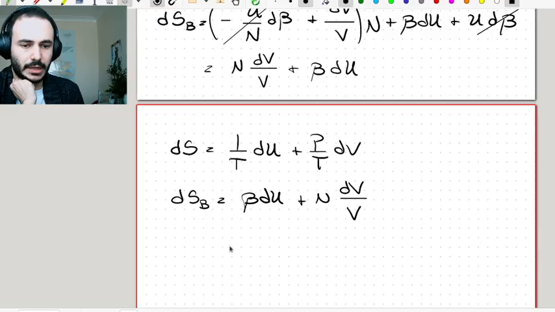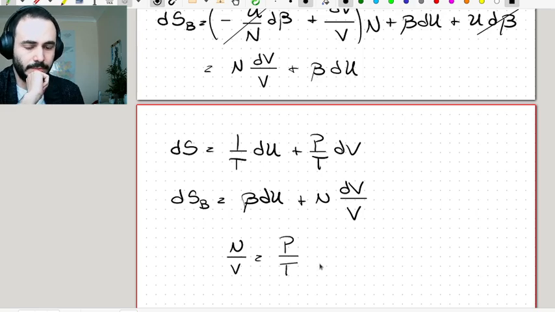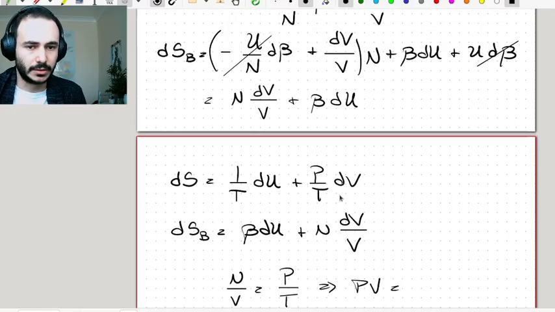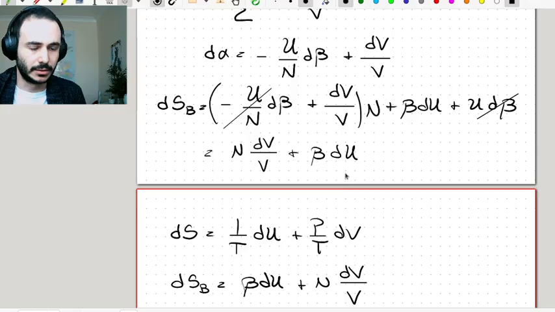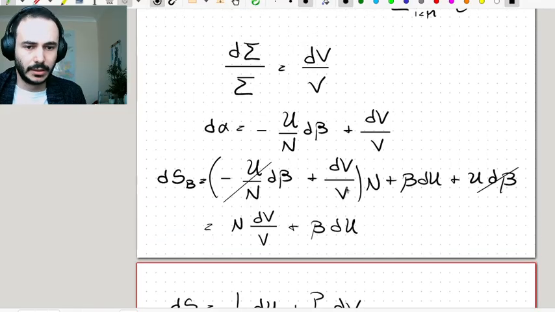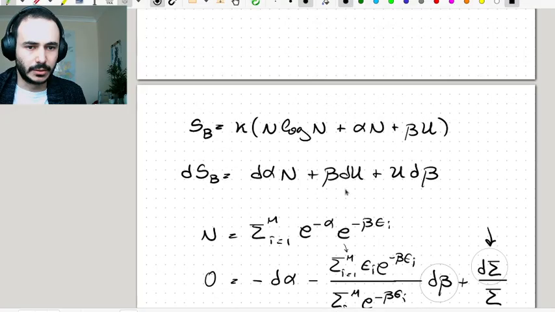So somehow this n divided by v is this p over t. I'm forgetting something, which is the Boltzmann constant multiplying. Let me just see what it is. Yes, I just completely forgot about it.